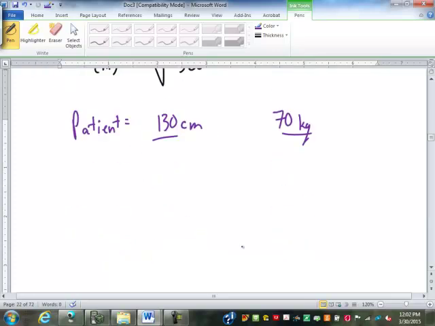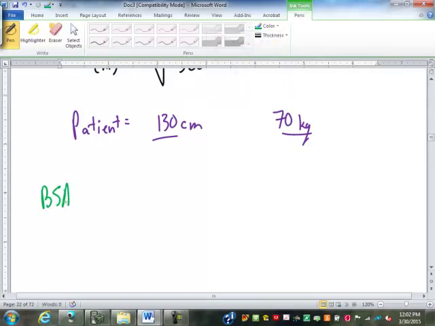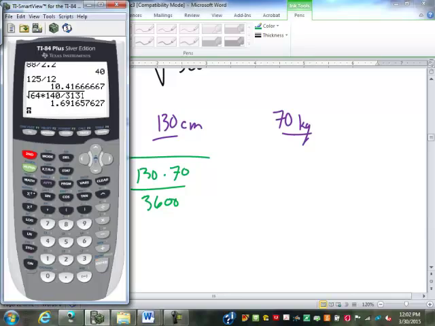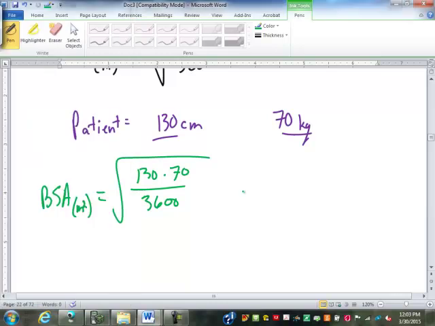Body surface area is going to be the square root of 130 times 70 divided by 3,600. Gives us 1.53 square meters of body surface area.